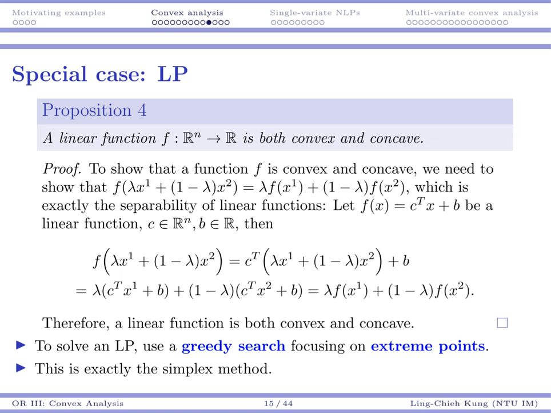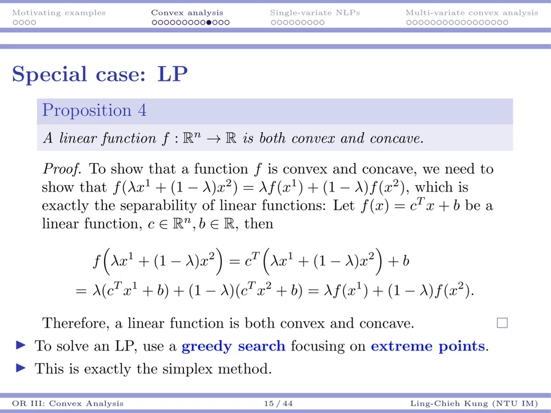Our f function may be expressed as c transpose x plus some constant b, because a linear function can be expressed this way. Then everything is separable.